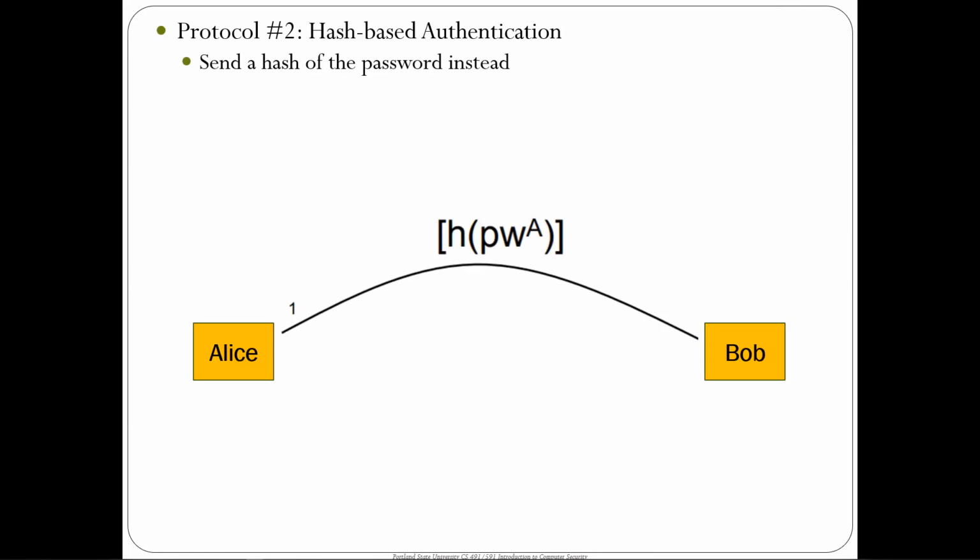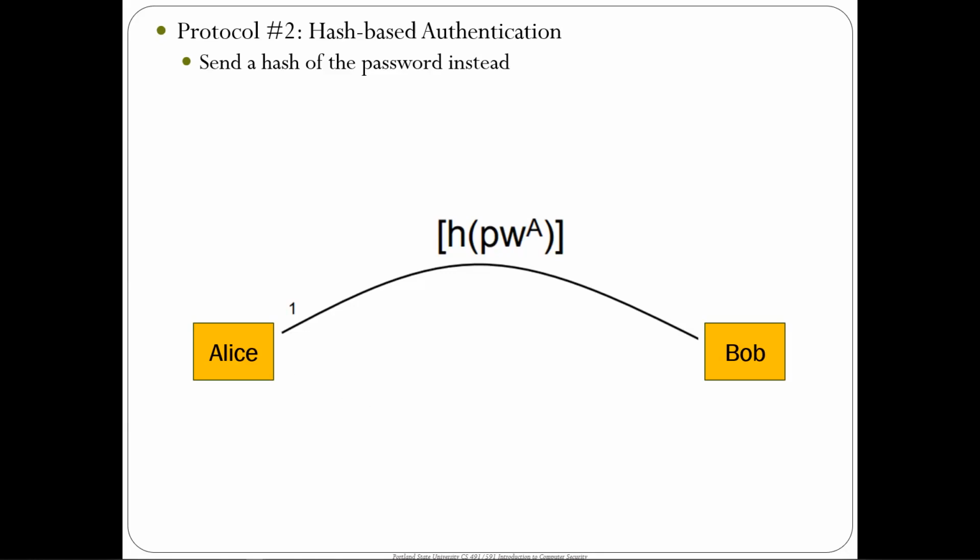Now, Bob, on the other side, so that's what Alice does. Alice sends the SHA-3 hash of the password. And then Bob, because Bob has the password for Alice in the clear, Bob can recompute that hash and say, oh, this person knew what the original password was because that hash matches what I can generate.